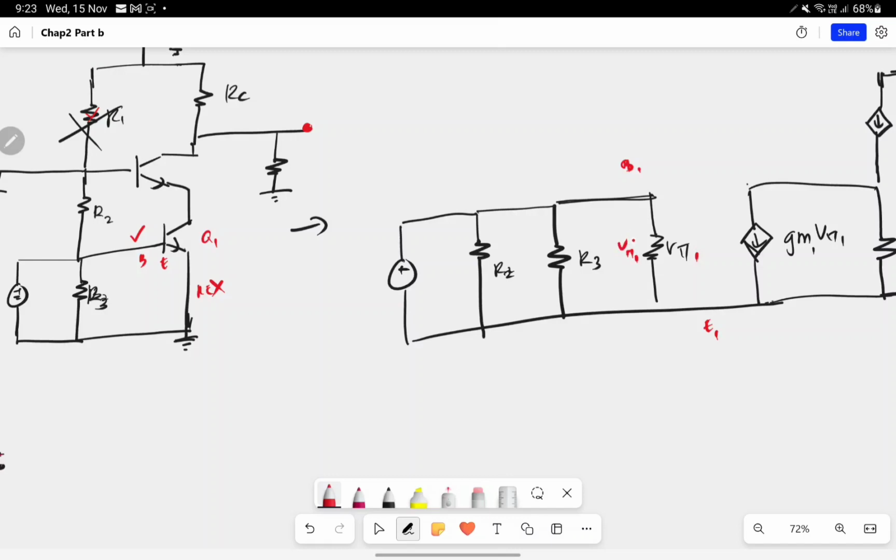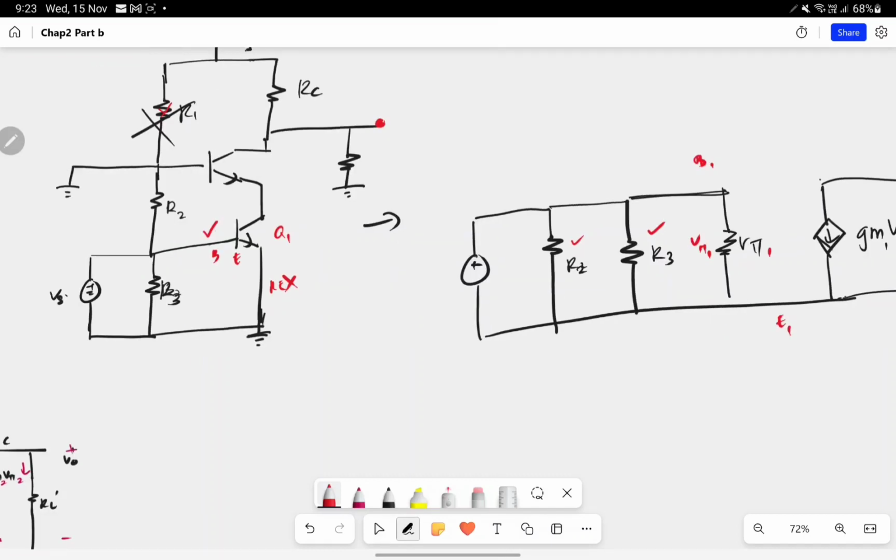R pi 1 is connected between E1 and B1. From this leg it will connect to R3, where R3 is connected to the ground, and also connected with R2, where R2 is also connected to the ground. And then at the same point it will connect to the AC source. We call Vs our input voltage.